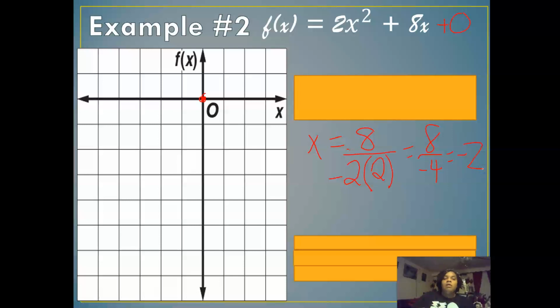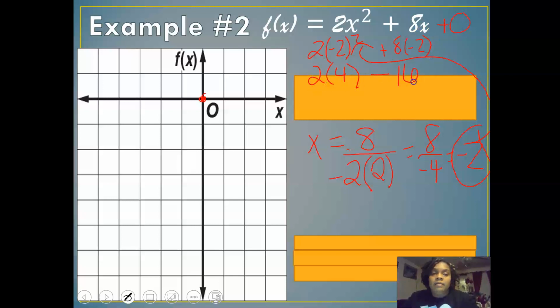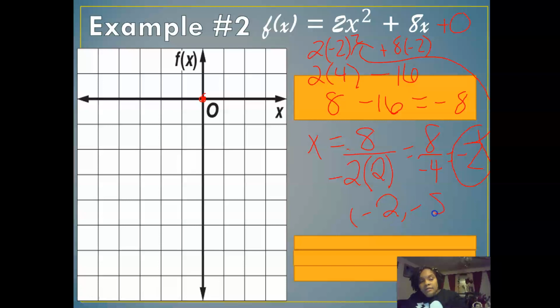So our x for the vertex is negative 2. We take this and plug it back into the equation. So it'll be 2 times negative 2 squared plus 8 times negative 2. 2 times 4 is 8, and then we have negative 16. So 8 minus 16 is negative 8. Our vertex is negative 2, negative 8.